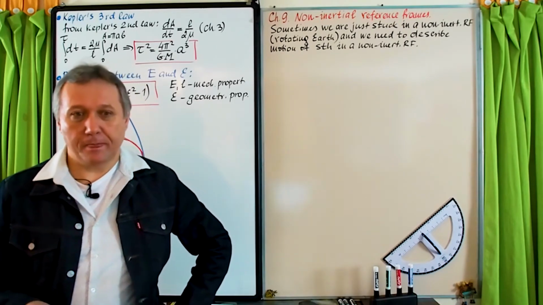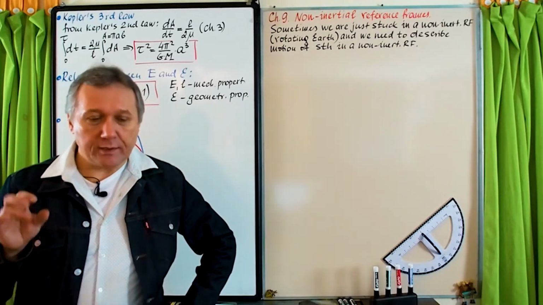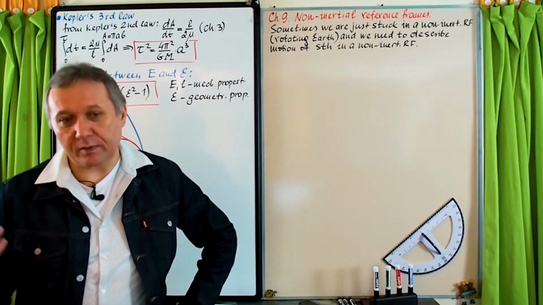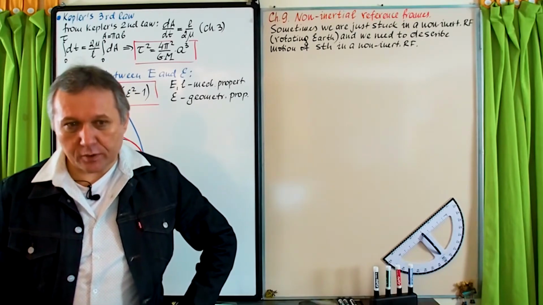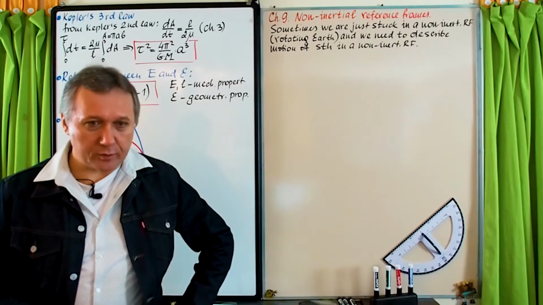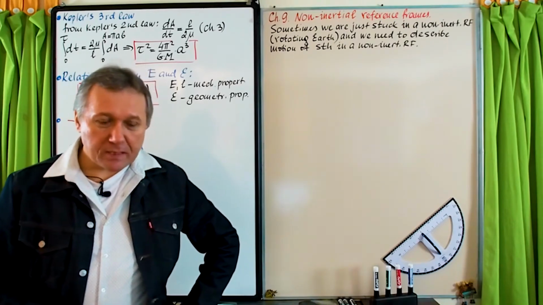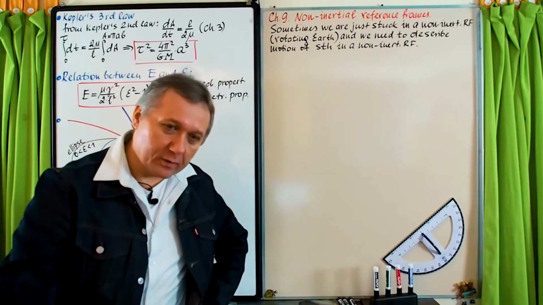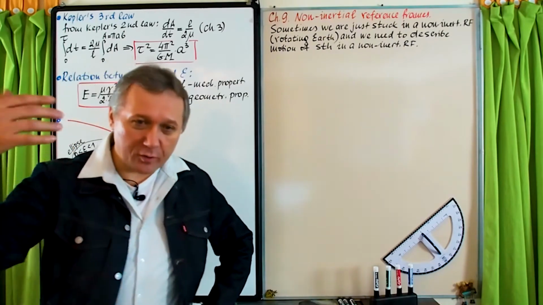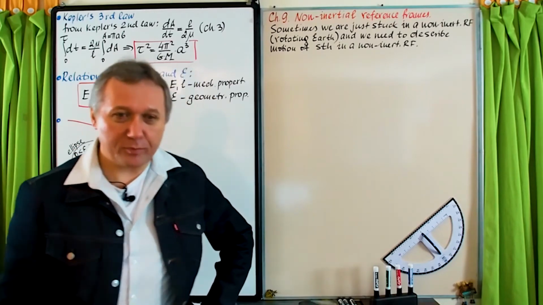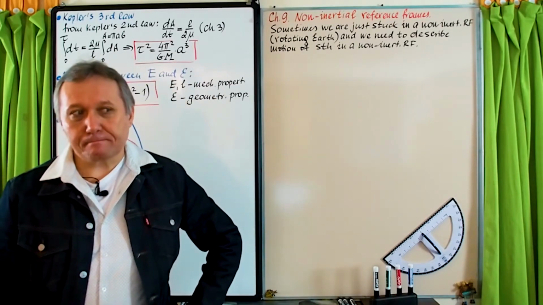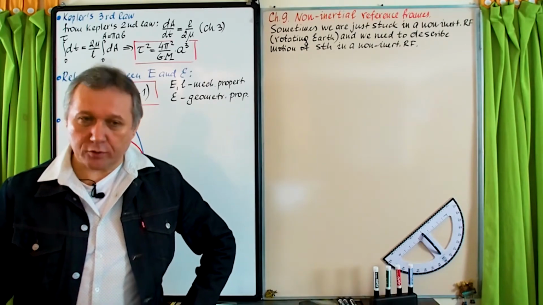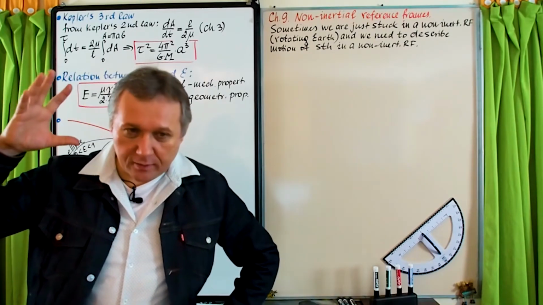Quite often, we cannot neglect the fact that we are in a reference frame which is, for example, spinning. Let's say you shoot a missile. It travels with a large speed, over a long distance, over a reasonably long period of time. As a result, if you neglect that you are in a non-inertial reference frame, you're going to get wrong results.